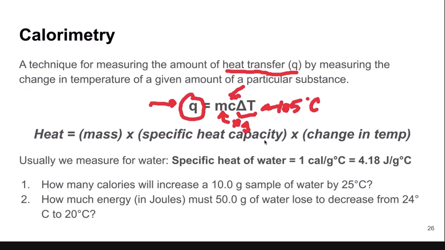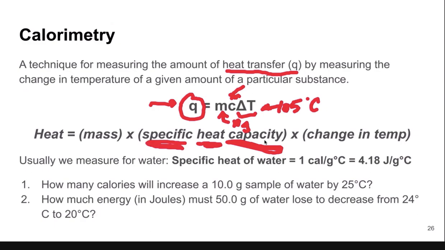The specific heat capacity, and I'm sorry it's not on this slide, is a constant that's measured for every substance, and it depends on the substance. You can think of it as how much heat can be stored, like what is the capacity of this specific substance to hold heat.